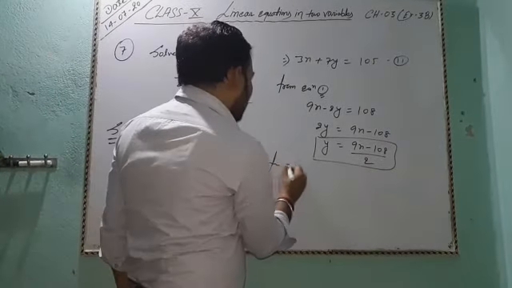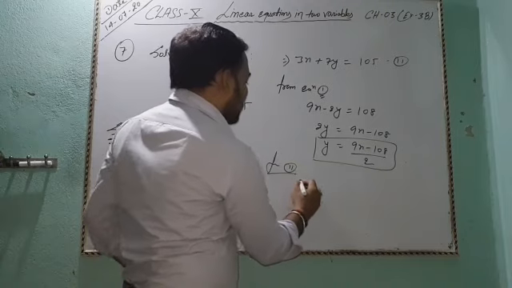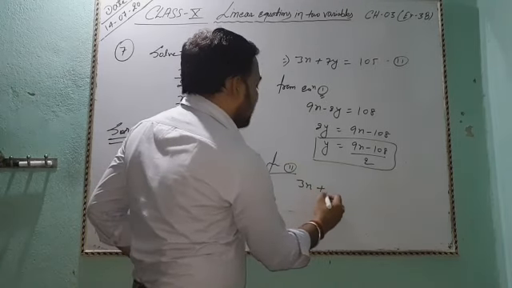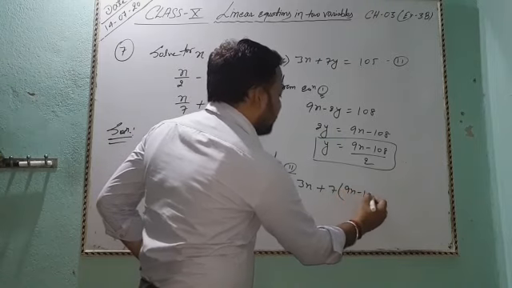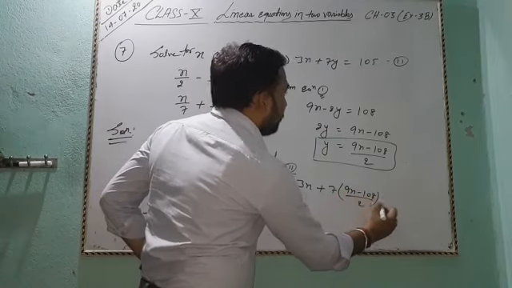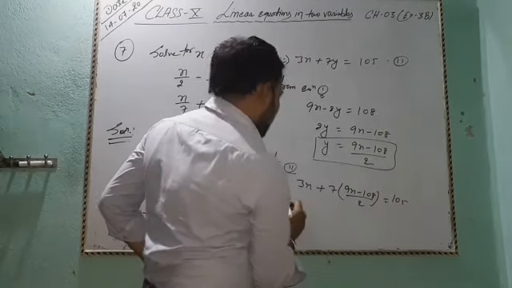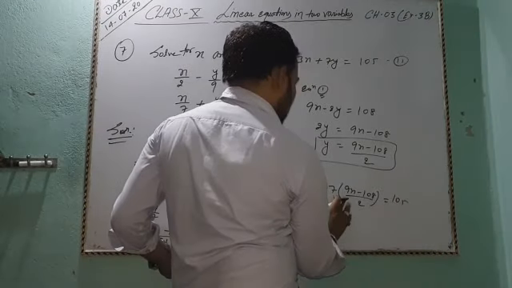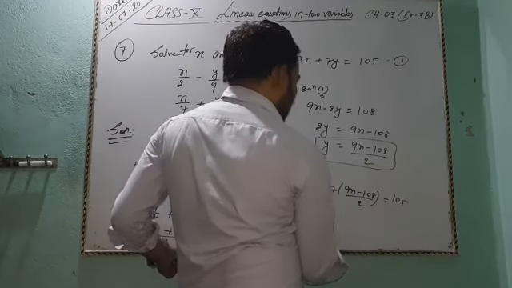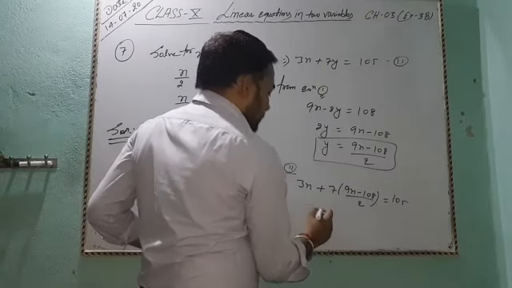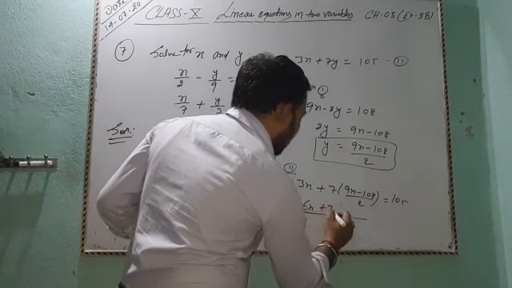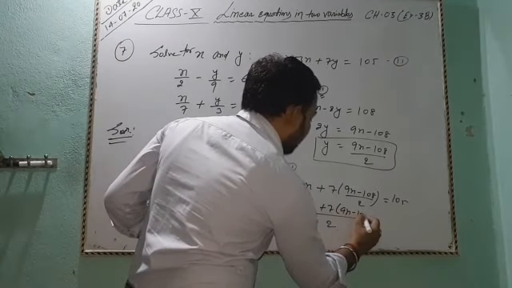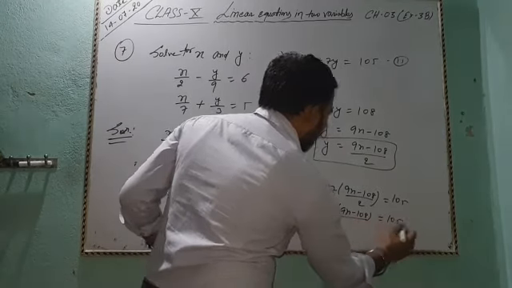From equation 2, 3x plus 7 and the value of y, (9x minus 108) by 2, equal to 105. So first of all take LCM 2. 3 twos are 6x plus 7 into (9x minus 108) equal to 105.